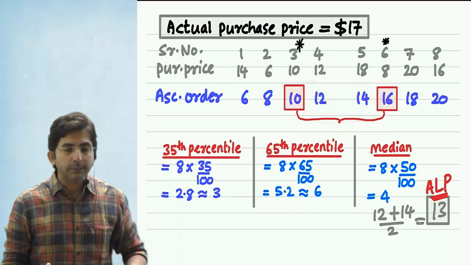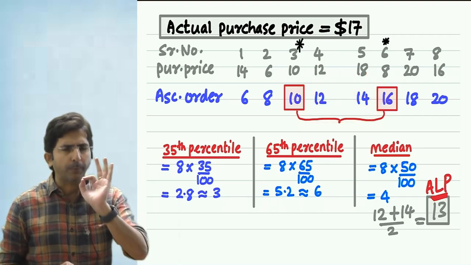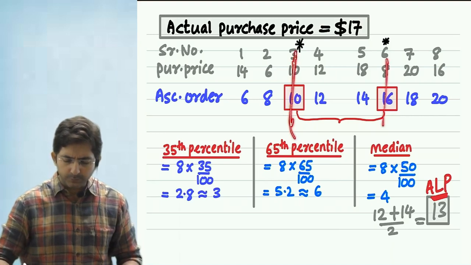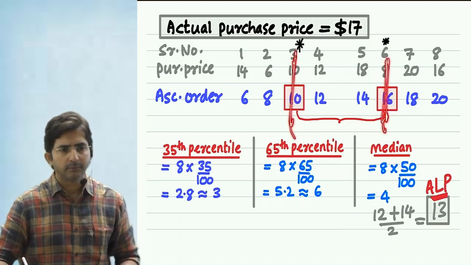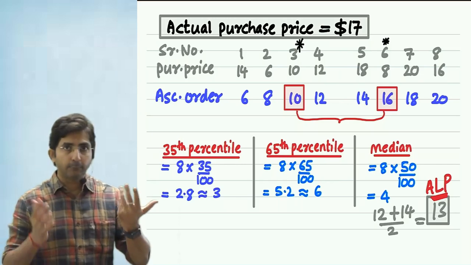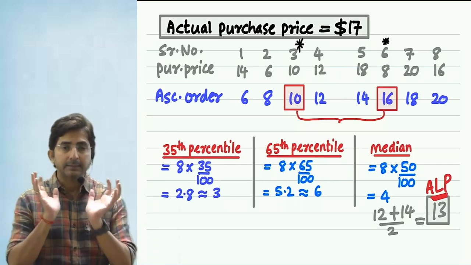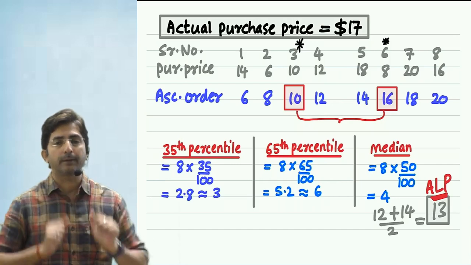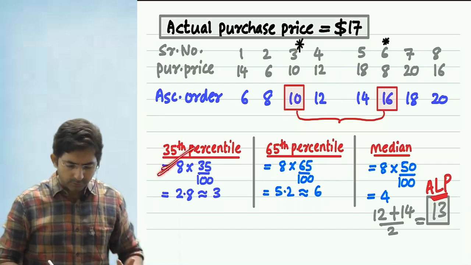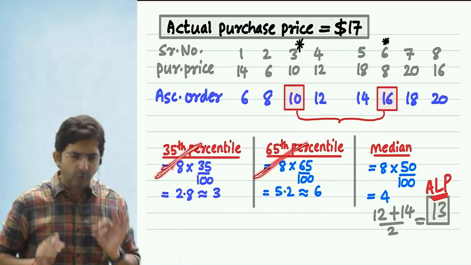So in short, what the law felt was the appropriate range is 35th to 65th, so that in a list of 100 prices, if we delete 70, the central 30 prices is appropriate. This is the logic. Anyways, we have to accept the law.